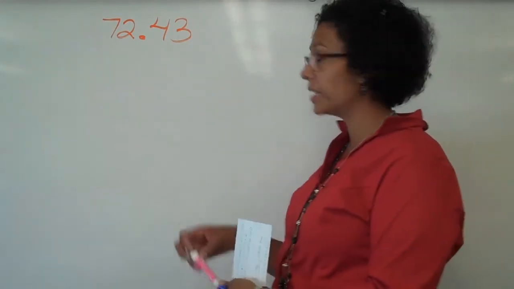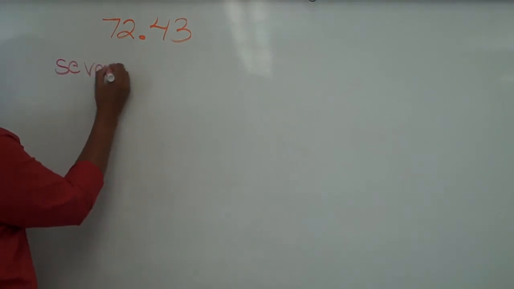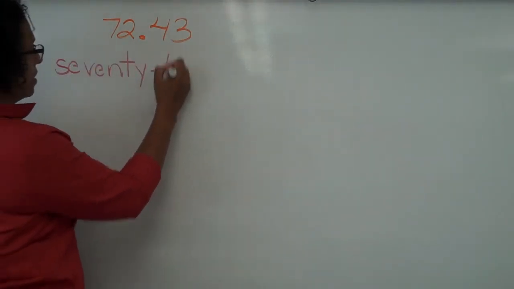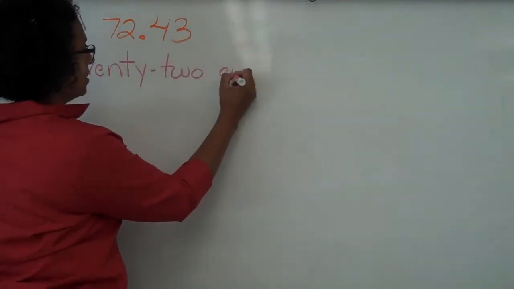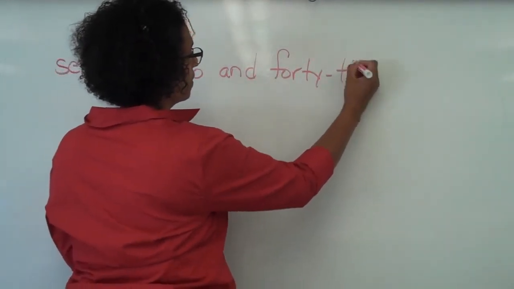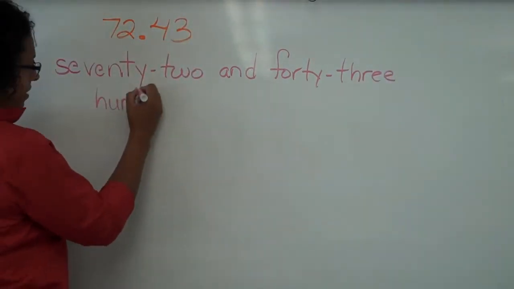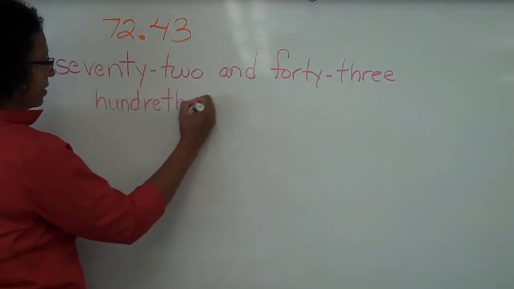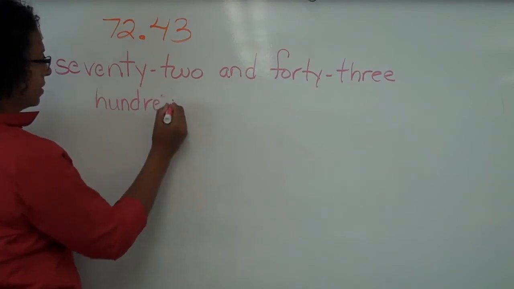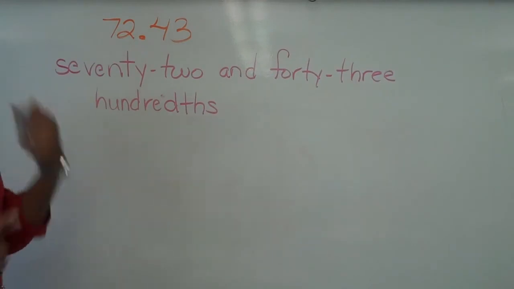Our word form is going to be written out as we say it. 72 and 43. I'm going to go underneath hundredths. Okay. 72 and 43 hundredths.